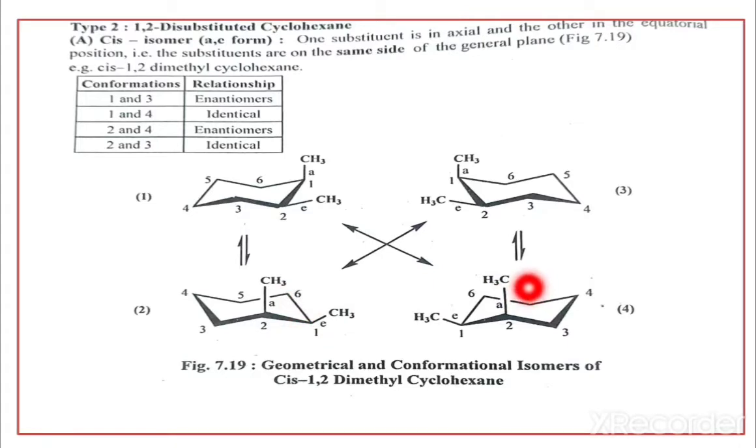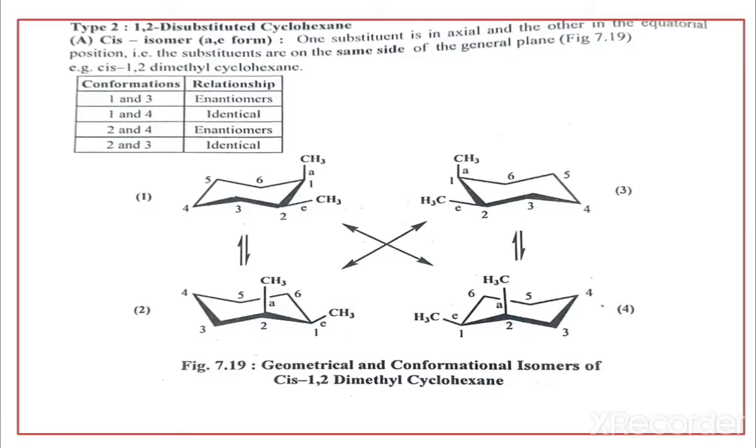It means that when 1 flips into 2, or 2 flips into 1, they are converted into their enantiomer. Since the stability of these two conformations is the same, they exist in equal proportion. This makes the molecule exist as a racemic mixture and hence optically inactive.